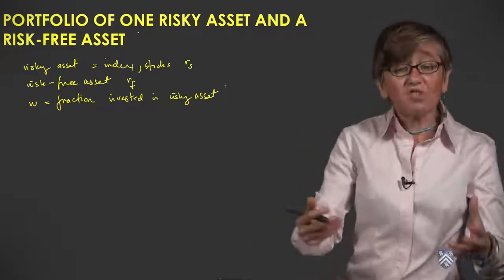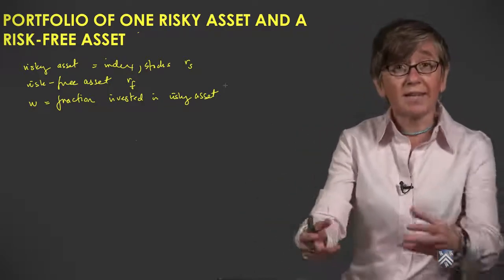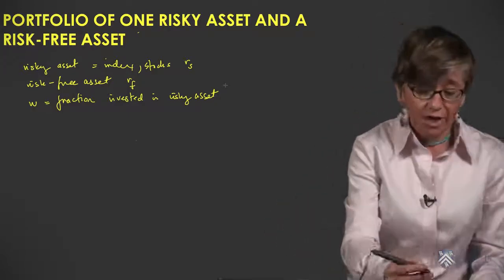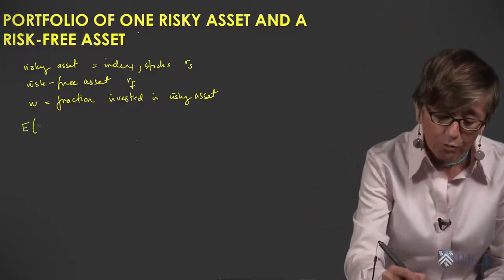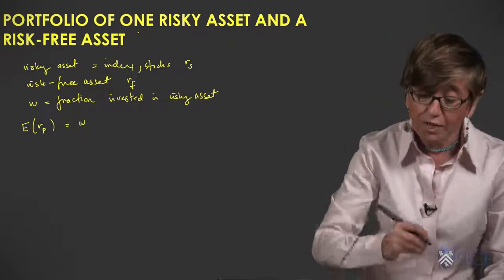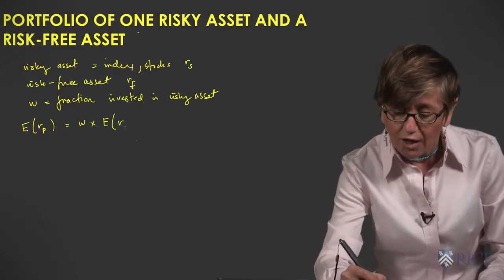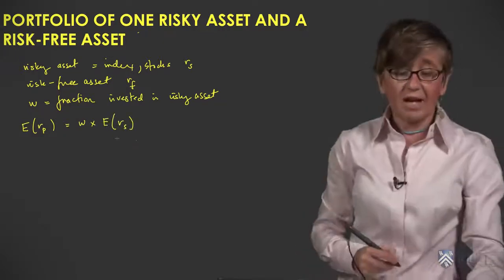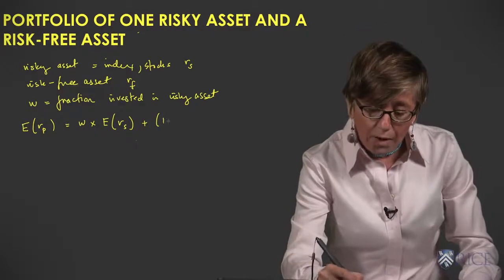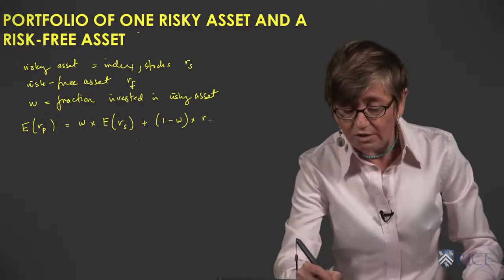Okay? So now let's write down the expected return that we would get from combining this risky asset with the risk-free asset. Well, we know how to write that down, right? What is it going to be? Well, it's going to be the fraction we invest in the risky asset times the expected return on the risky asset plus 1 minus the weight times the return on the risk-free rate.